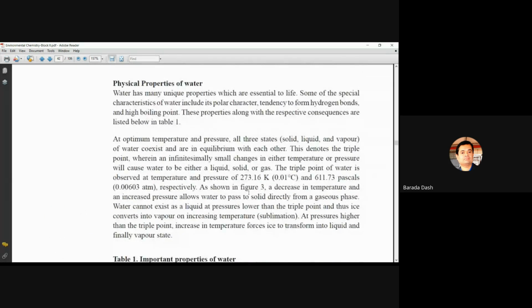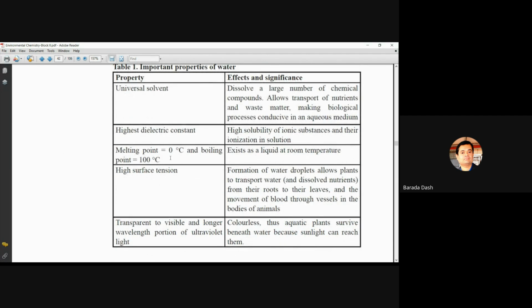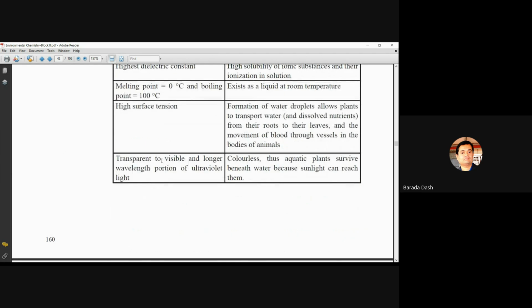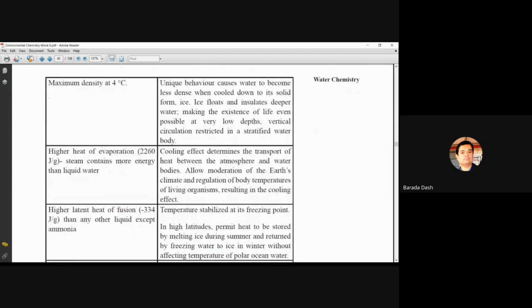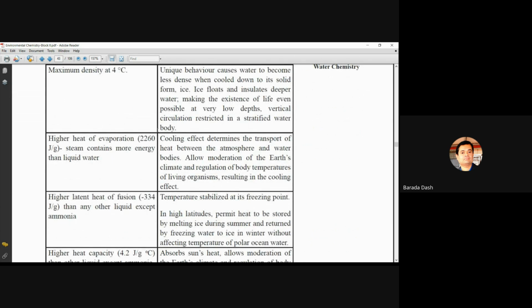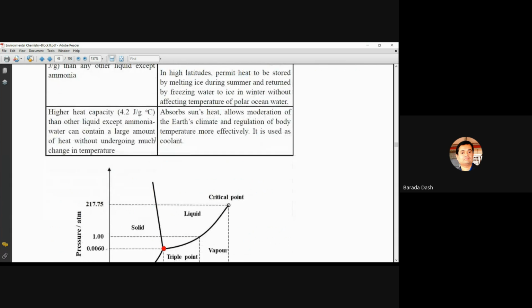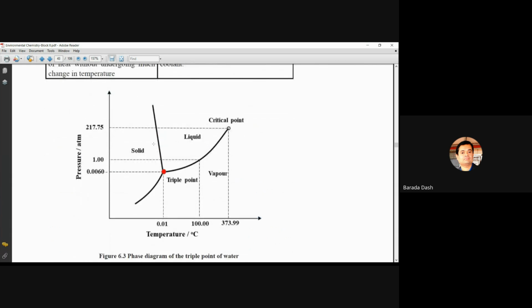Physical properties: it's a universal solvent, highest dielectric constant, melting point 0 degree, boiling point 100 degree. So these are the common things already. Maximum density of water is at 4 degree centigrade, higher heat of evaporation, higher latent heat of fusion, higher heat capacity. All these are the inherent properties of water.